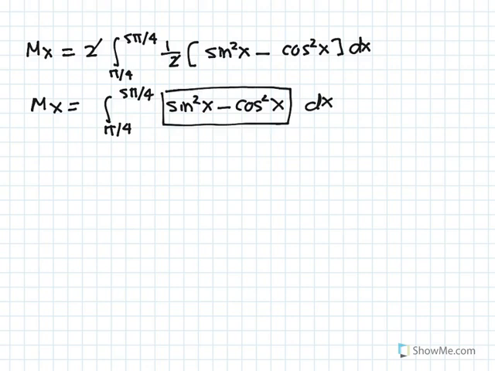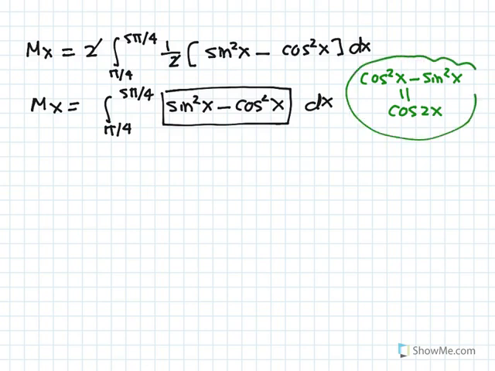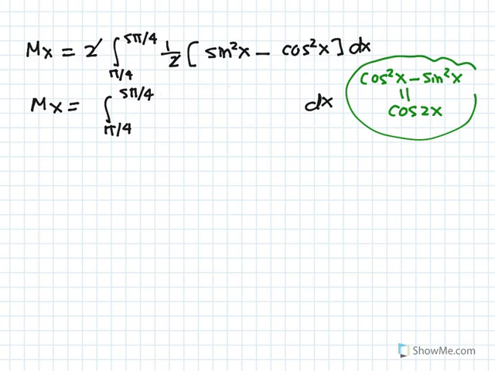We know that cos squared x minus sine squared x is equal to cosine 2x. But we have sine squared x minus cosine squared x, so the integrand is simply going to be minus cosine 2x.